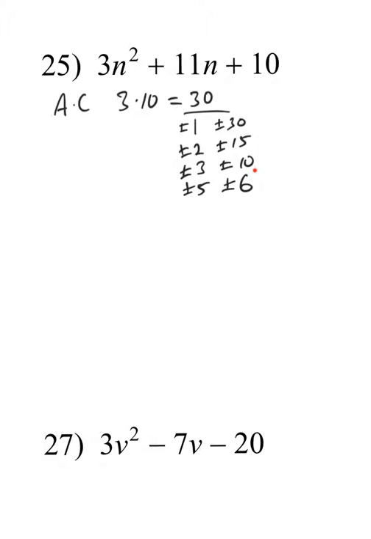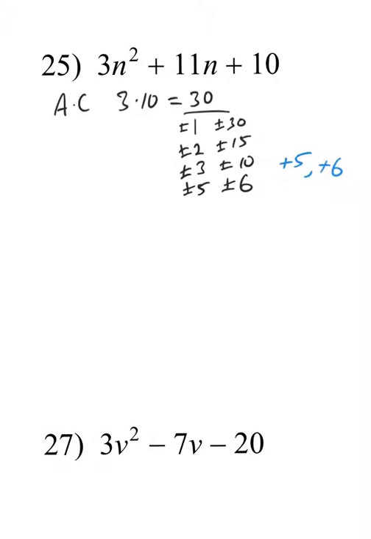All right, so once you get this factored, 1 times 30, 2 times 15, 3 times 10, 5 times 6, we are looking for two numbers that will add together to give me positive 11. Well, hopefully you have already seen that our two numbers are going to be positive 5 and positive 6, right?